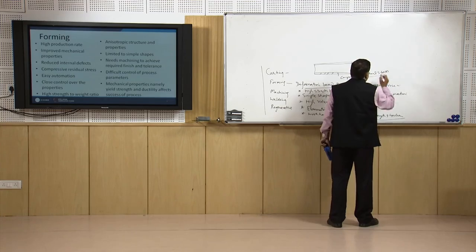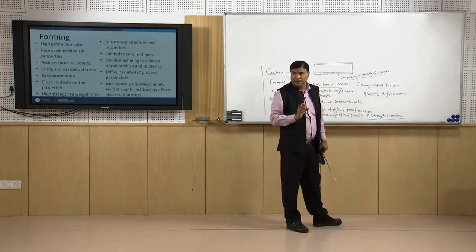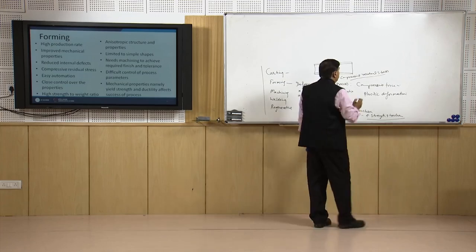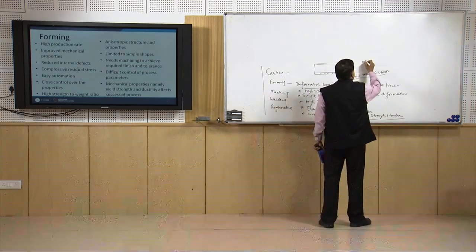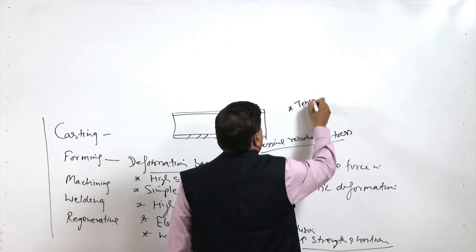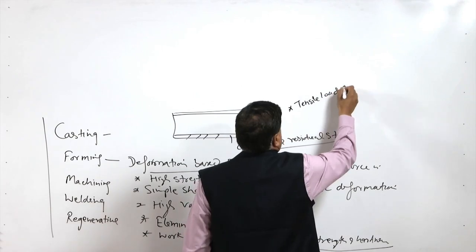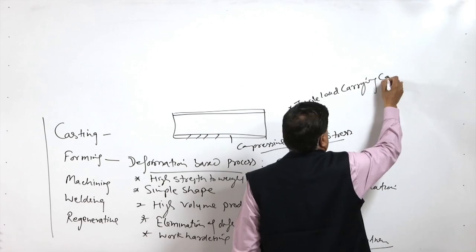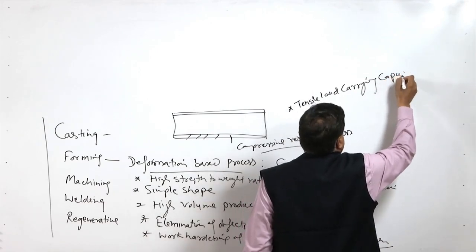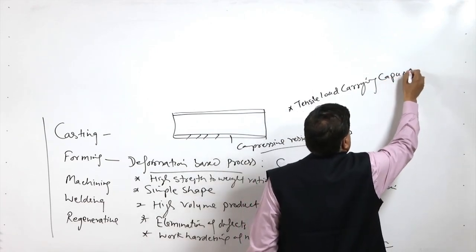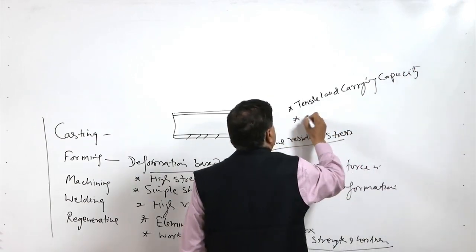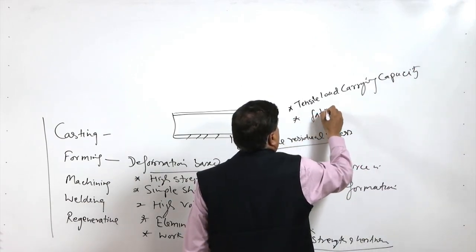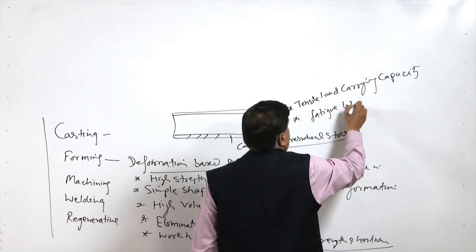These compressive residual stresses are considered to be favorable due to two reasons. One, they increase the tensile load carrying capacity of the product being made, and they also improve the fatigue life of the product.